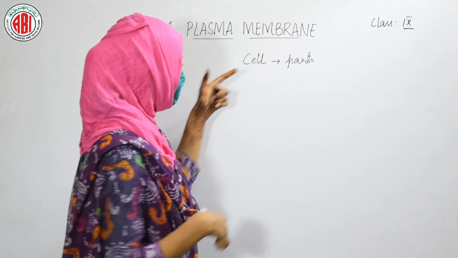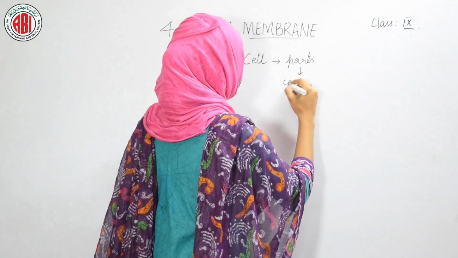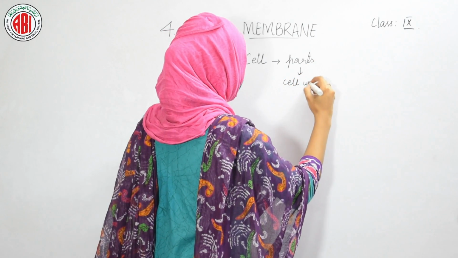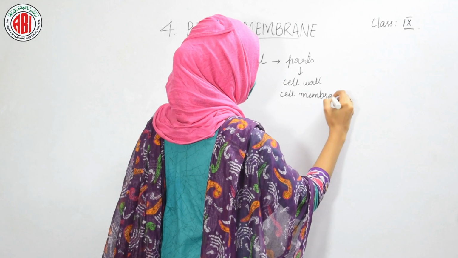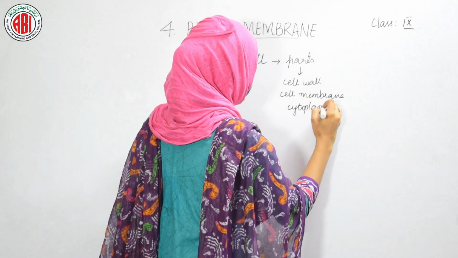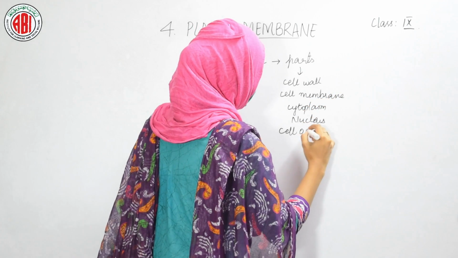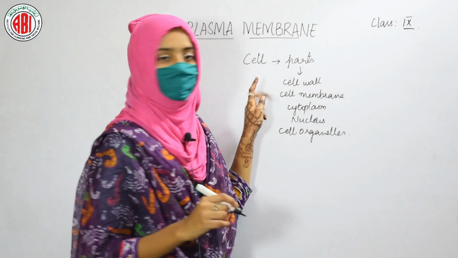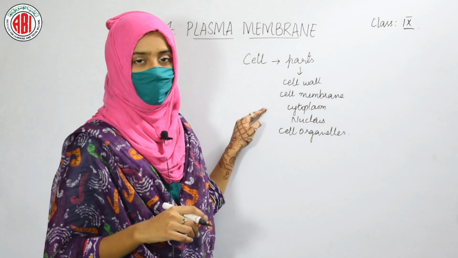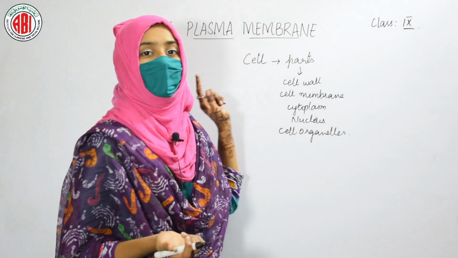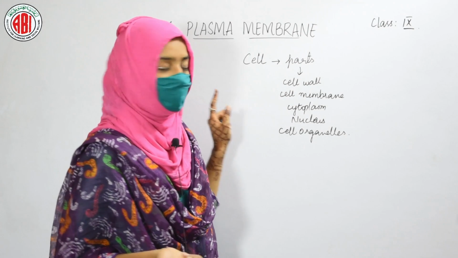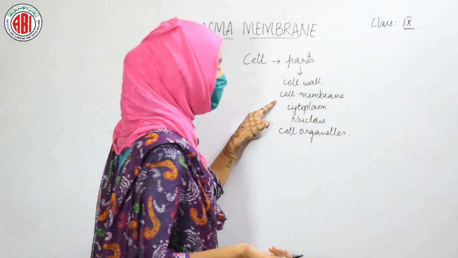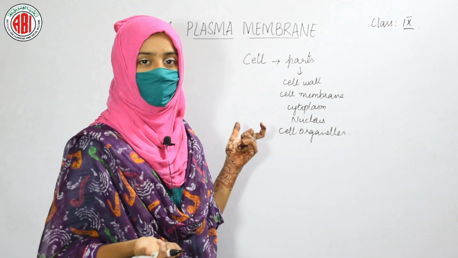So let us recall those parts, and the parts include cell wall, cell membrane, cytoplasm, nucleus and other cell organelles. So we have also discussed about the functions of each part in your first chapter, and in this lesson I am going to explain to you about the cell membrane, which is also called as plasma membrane, in detail.